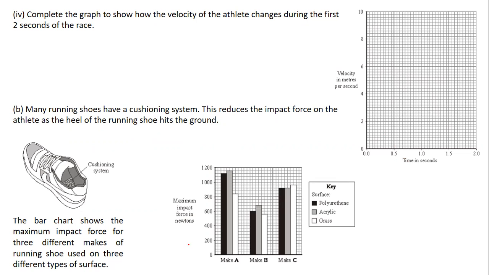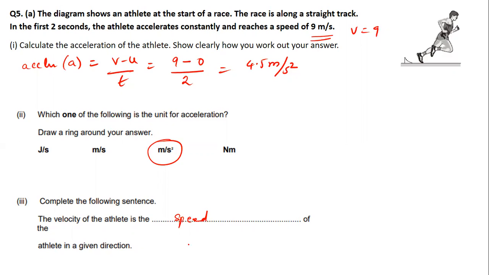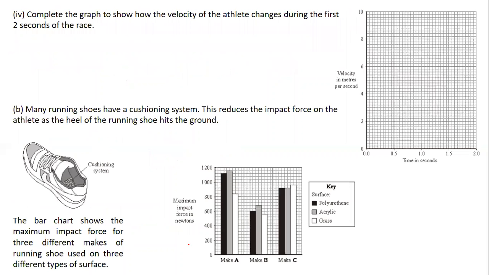It starts from the origin and ends at 2 seconds on the x-axis and 9 meters per second on the y-axis, which should be somewhere over here. So therefore, I should now draw a graph like this over here.